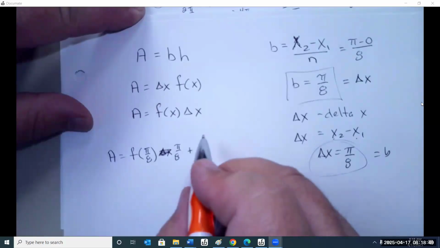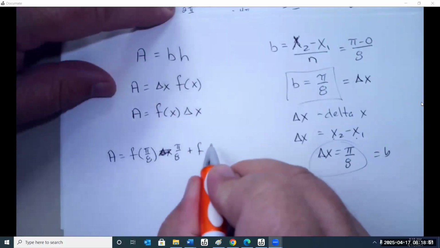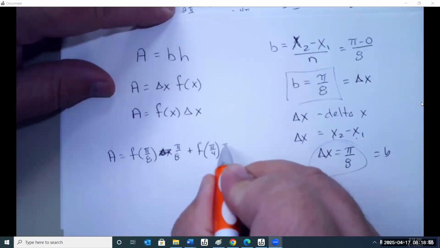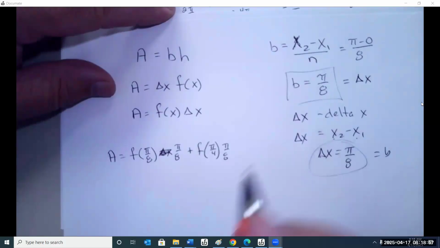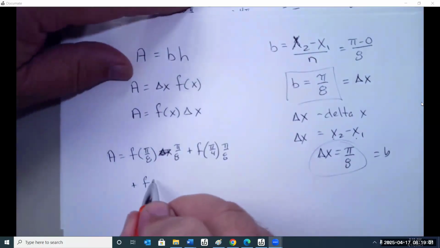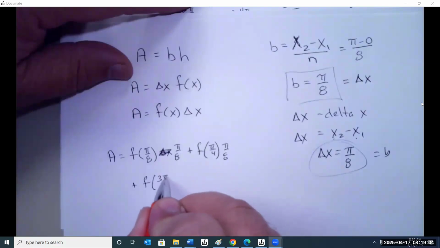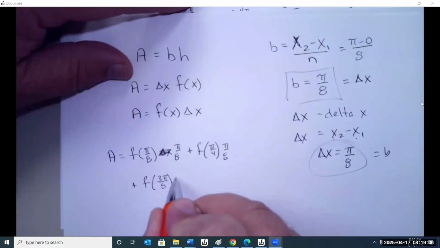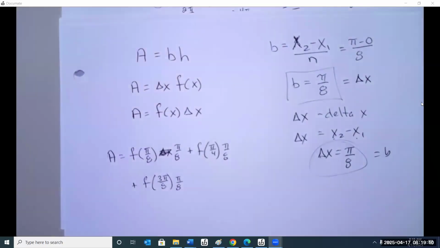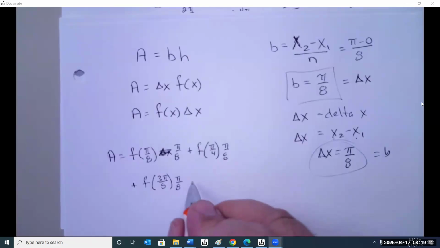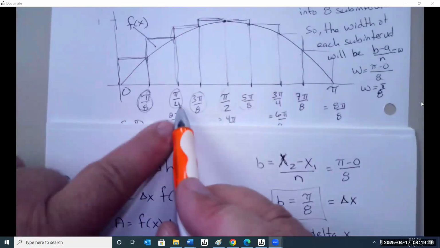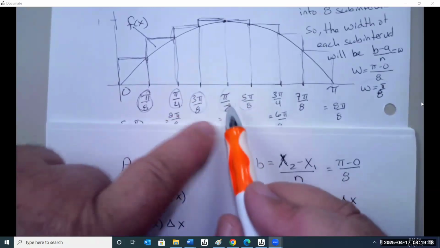The next one is f of pi over 4 times pi over 8, plus f of 3 pi over 8 times pi over 8, plus f of pi over 2.